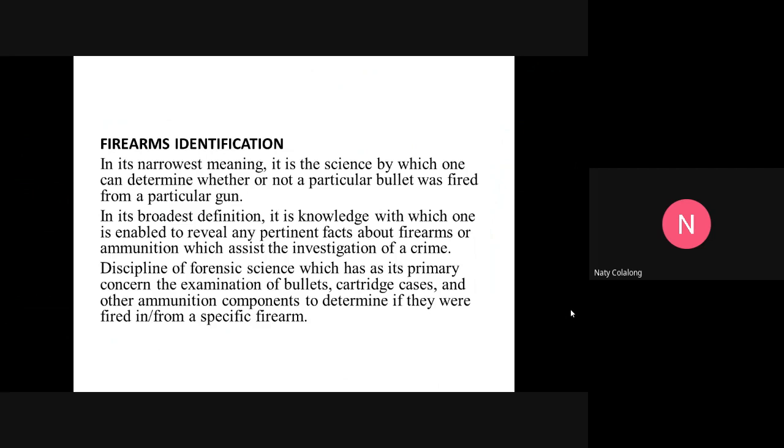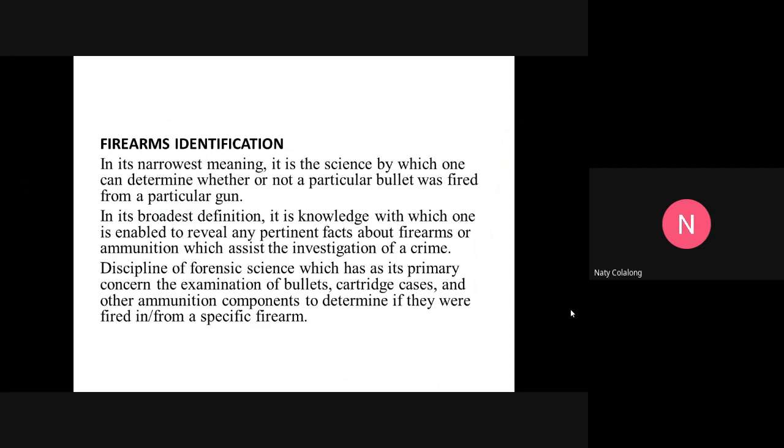In its narrowest meaning, it is the science by which one can determine whether or not a particular bullet was fired from a particular gun. In its broadest definition, it is a knowledge with which one is enabled to reveal any pertinent facts about firearms or ammunition which assist the investigation of a crime.